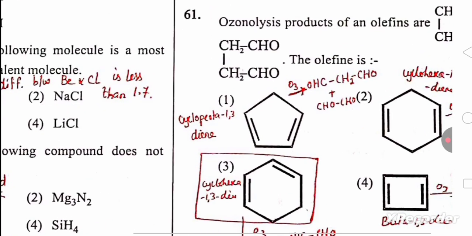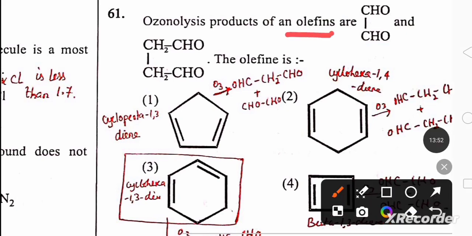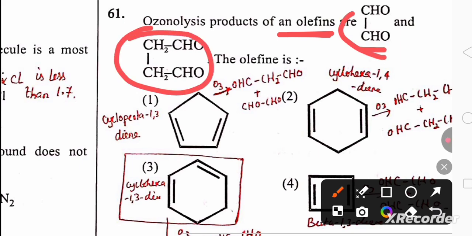In the next question, it is related to ozonolysis. So when you do ozonolysis of olefins, we get two products, CHO, two different aldehydes. One has 2 carbons, one has 4 carbons. So definitely, whatever olefin you use for ozonolysis, the olefin must contain 6 carbon atoms.